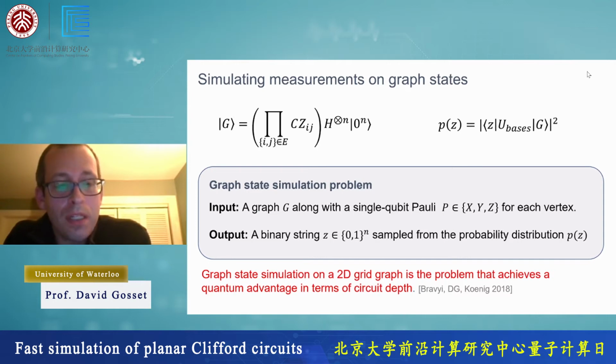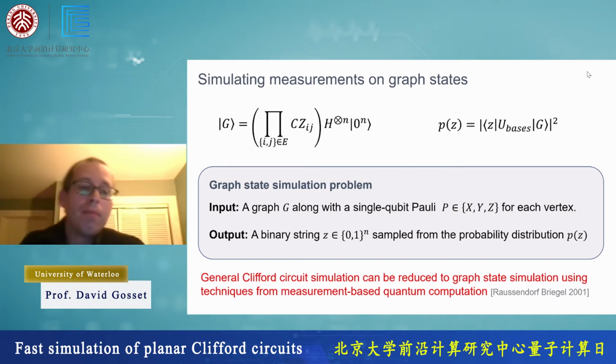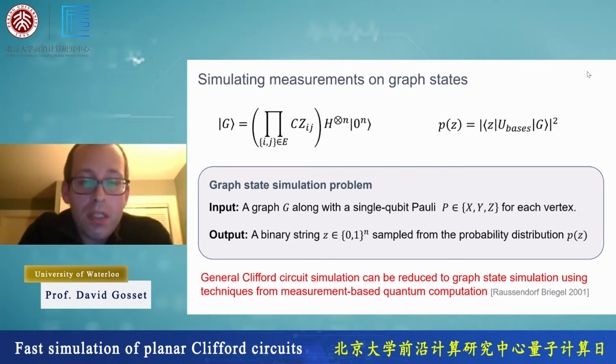If you consider this problem on a 2D grid graph, then this is the problem that achieves a quantum advantage in terms of circuit depth. Moreover, the more general Clifford circuit simulation task can be reduced to this problem using well-known techniques from measurement-based quantum computing. That kind of reduction is how we get the other version of our theorem that I mentioned a moment ago.